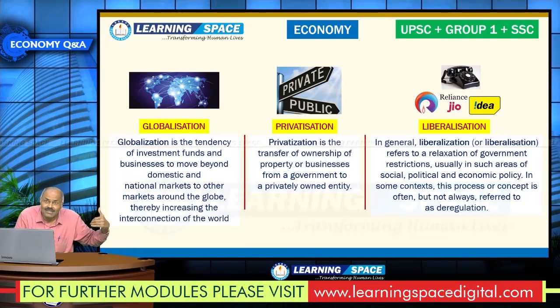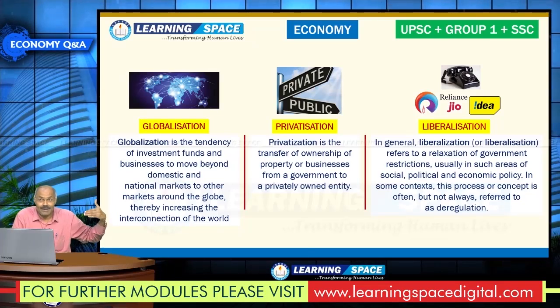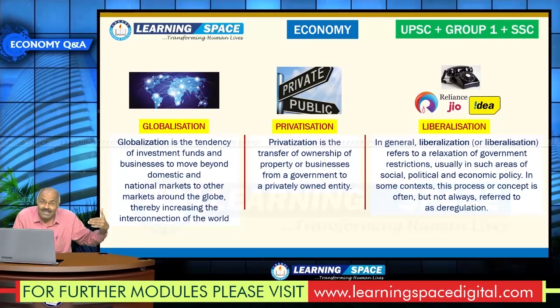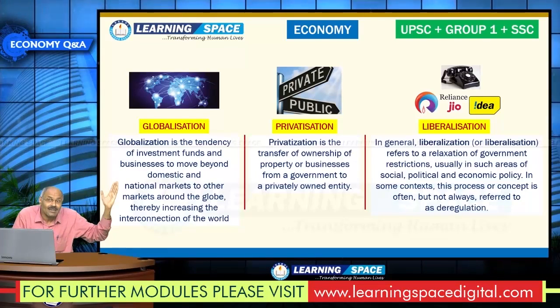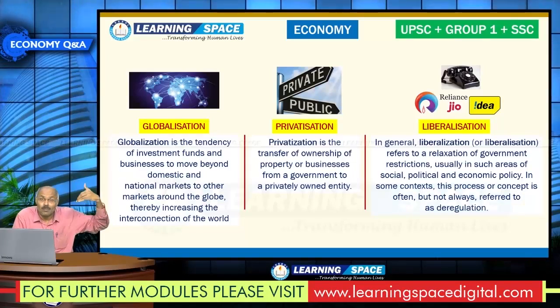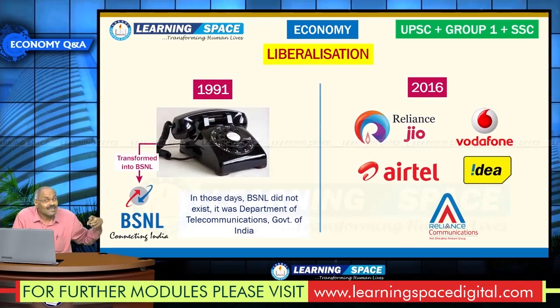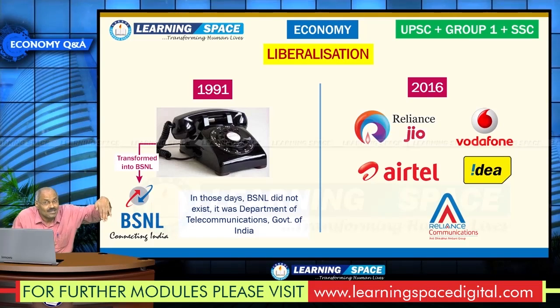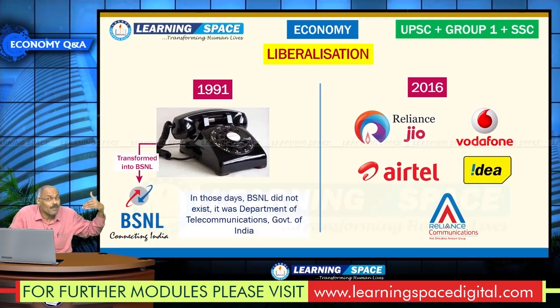And the third term is liberalization. Liberalization is relaxation of government restrictions. Government restrictions were substantial prior to 1991. I have given some examples, so please look into them. In 1991, there was only the Department of Telecom, which was giving telephones. Subsequently, this was liberalized.